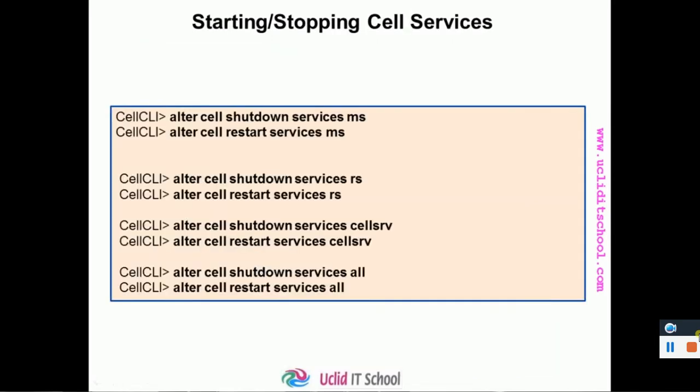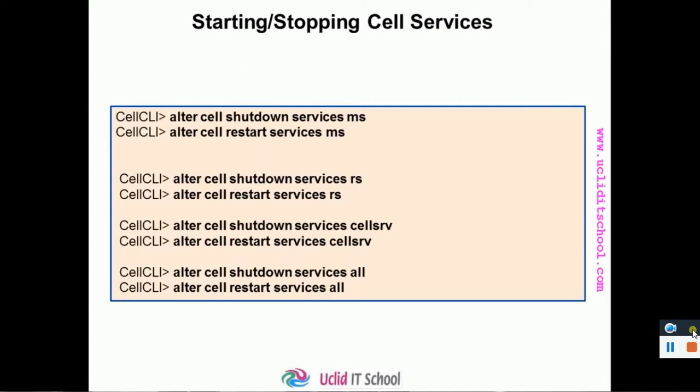Then you can start and stop the cell services, individually or together. This slide shows you how to stop and start individual services like MS, RS, and cellsrv, or using a single command how to stop all of them and how to start all of them.